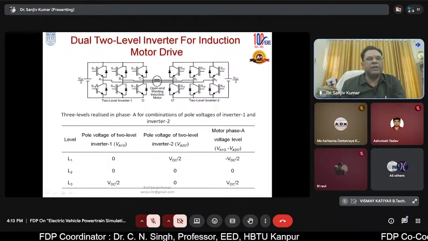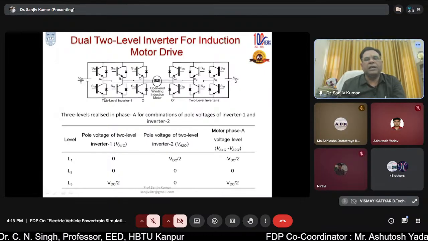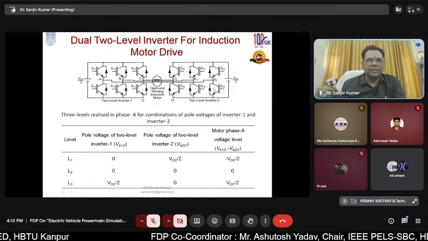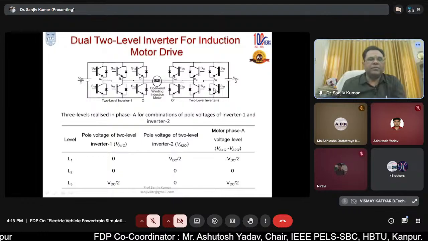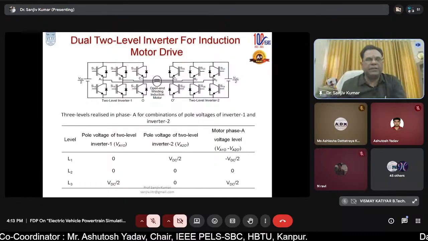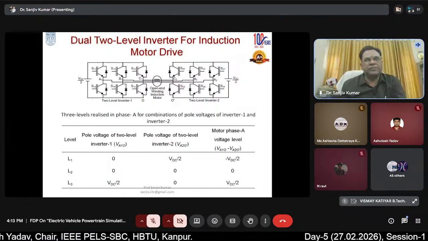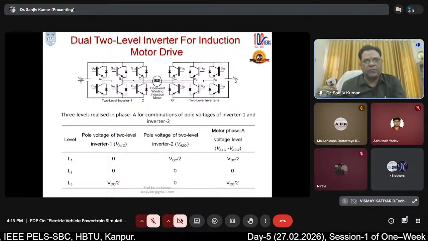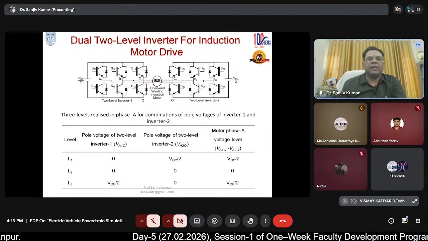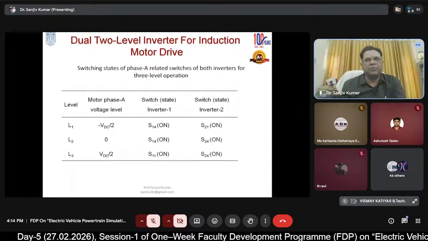And whenever S14, the lower switch, is on, the pole voltage would be 0. The same thing happens with the right side inverter. So the two pole voltages you can have are 0 and VDC/2. When you find the phase voltage, which is the pole voltage of the first inverter minus the pole voltage of the second inverter, you will find the levels come out to be minus VDC/2, 0 and VDC/2.